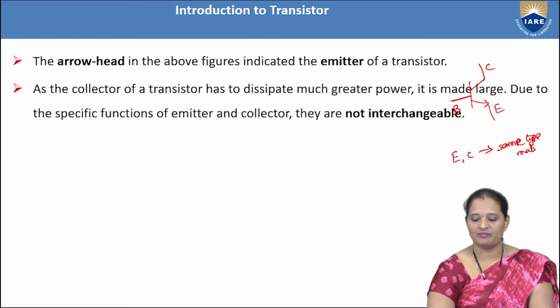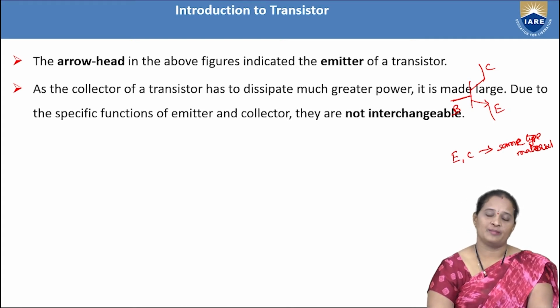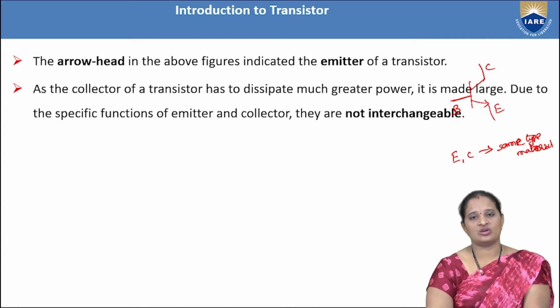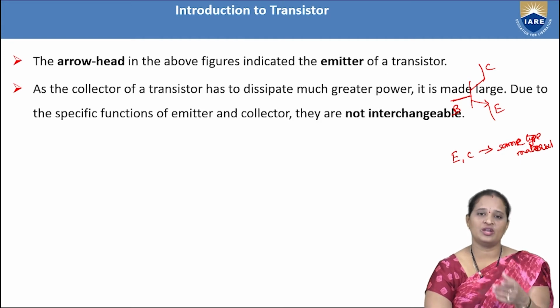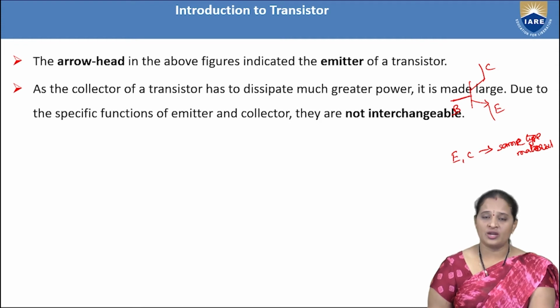In an NPN transistor, emitter and collector are N-type, whereas in a PNP transistor, emitter and collector are P-type. But even though those are of the same type, we cannot interchange them. That means the emitter and collector terminals are not interchangeable.